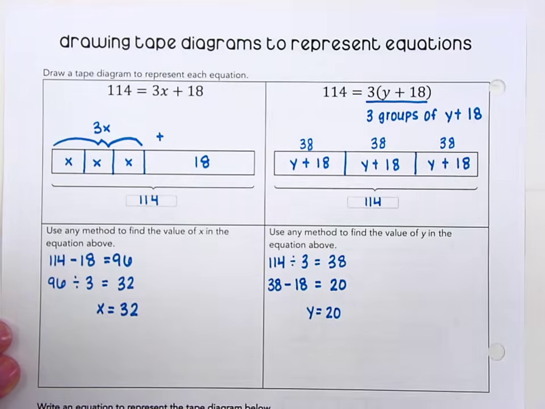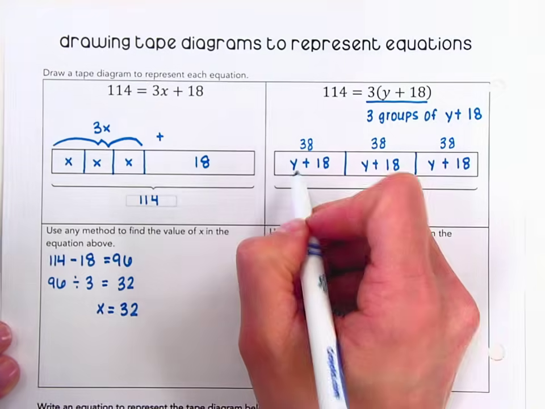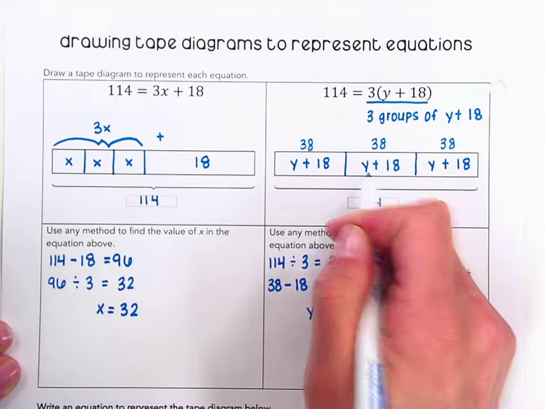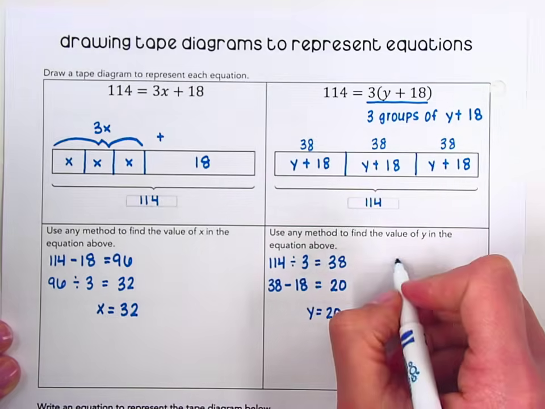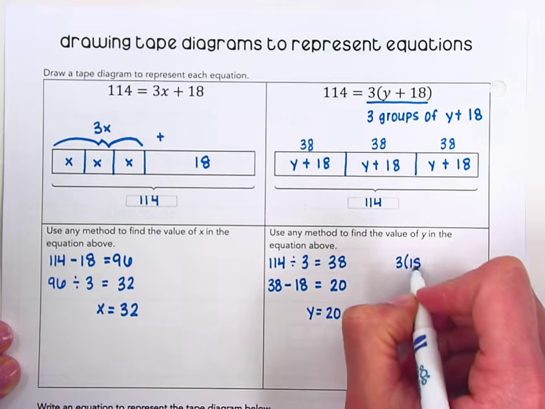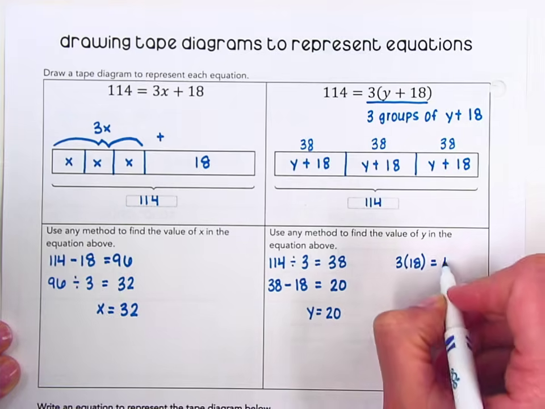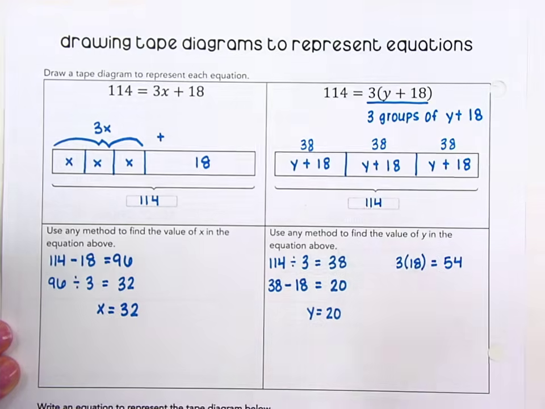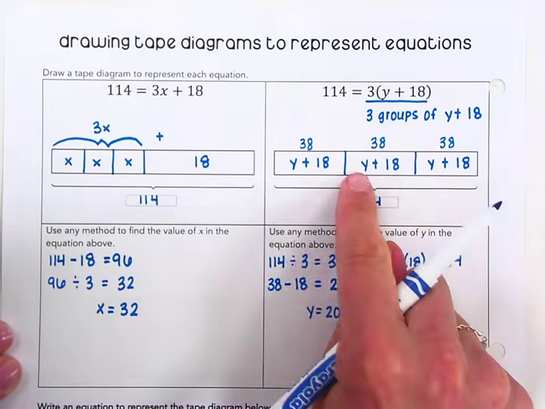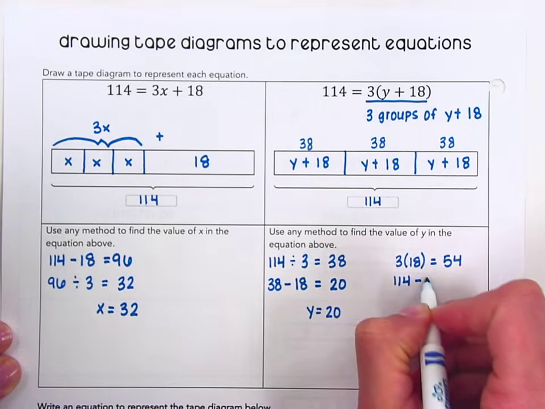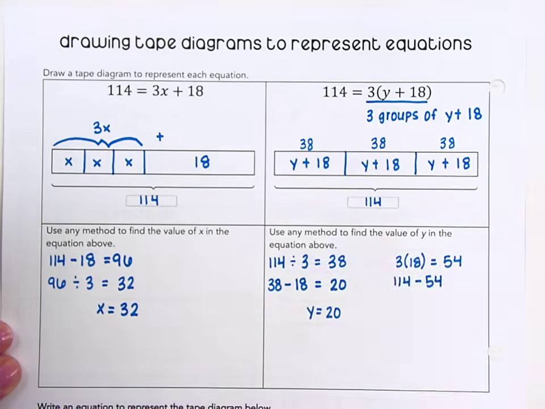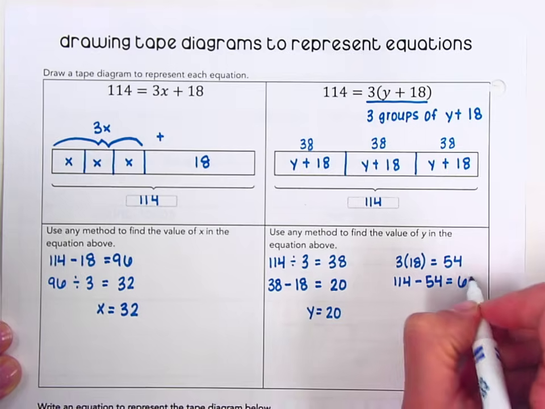I can also think of this as having 1, 2, 3 groups of y, and 3 groups of 18. 3 groups of 18, or 3 times 18, is 54. If I want to get rid of those groups of 18 to have only my 3 groups of y remaining, I can subtract 54 from the total of 114 to get 60.